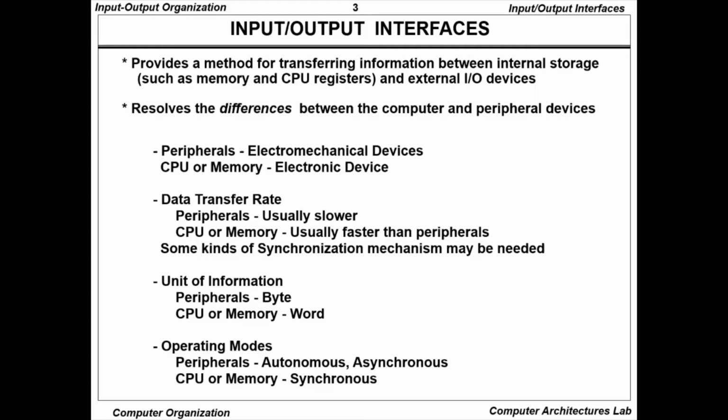All the peripherals are called electromechanical, and the main processing unit, CPU or memory, your hard disk, your CD, your USB, your microwave, your fridge, refrigerator, AC, everything is called an electronic device.